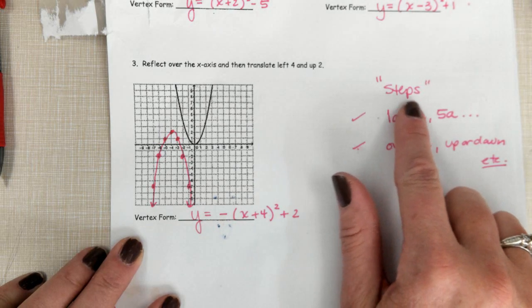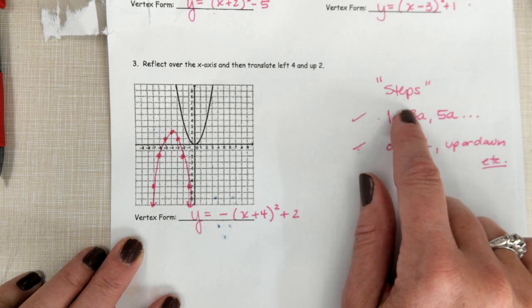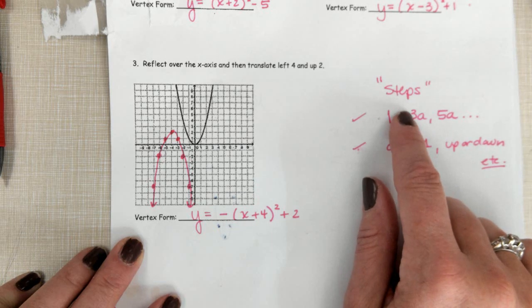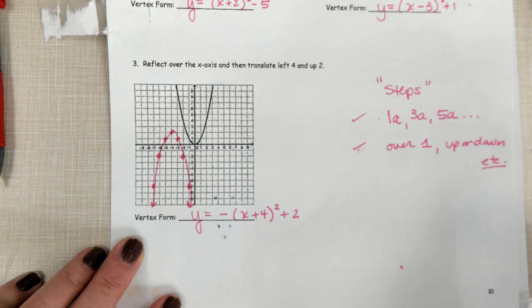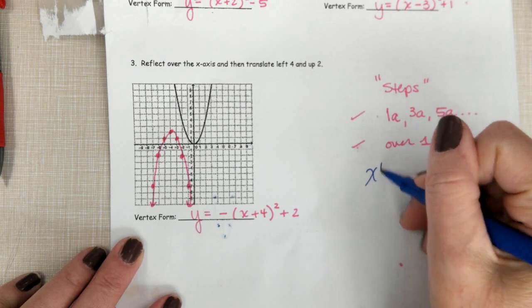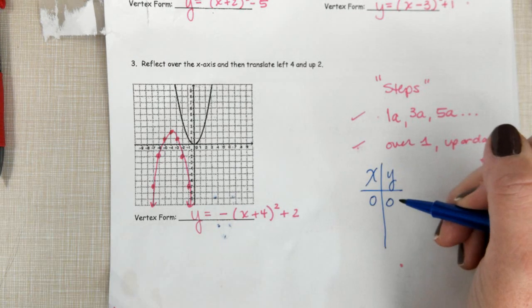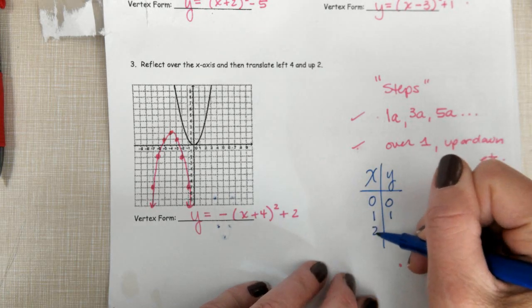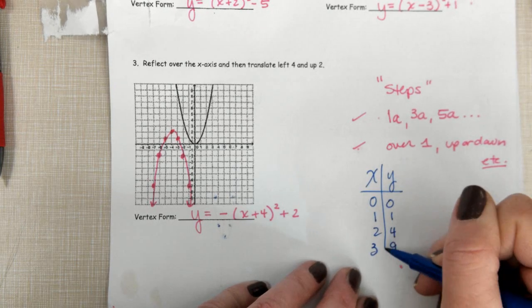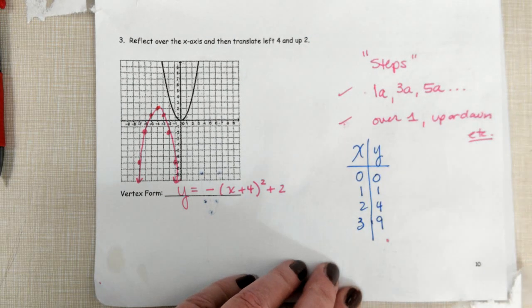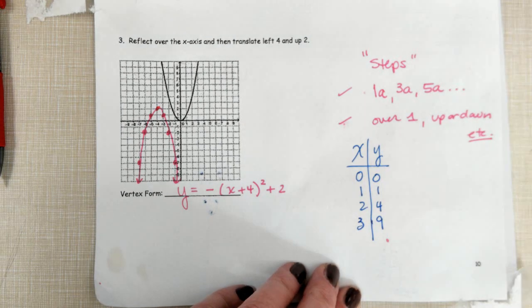So we're going to go to the steps concept. I'm kind of going back to my roots here. MVP, and what we've been doing last week is really hitting the parent function. Here's the parent function: 0, 0, 1, 1, 2, 4, 3, 9, etc. But where these steps come in is the difference between those three.